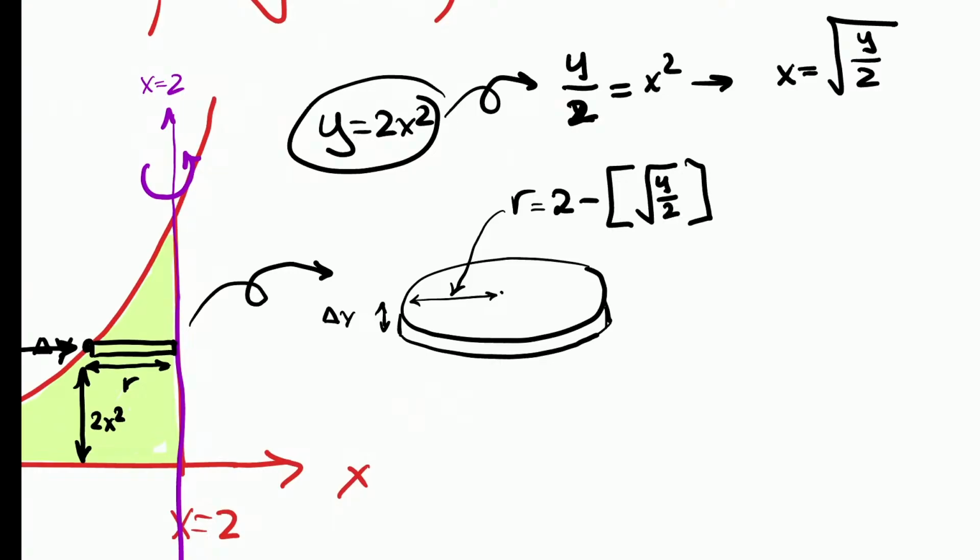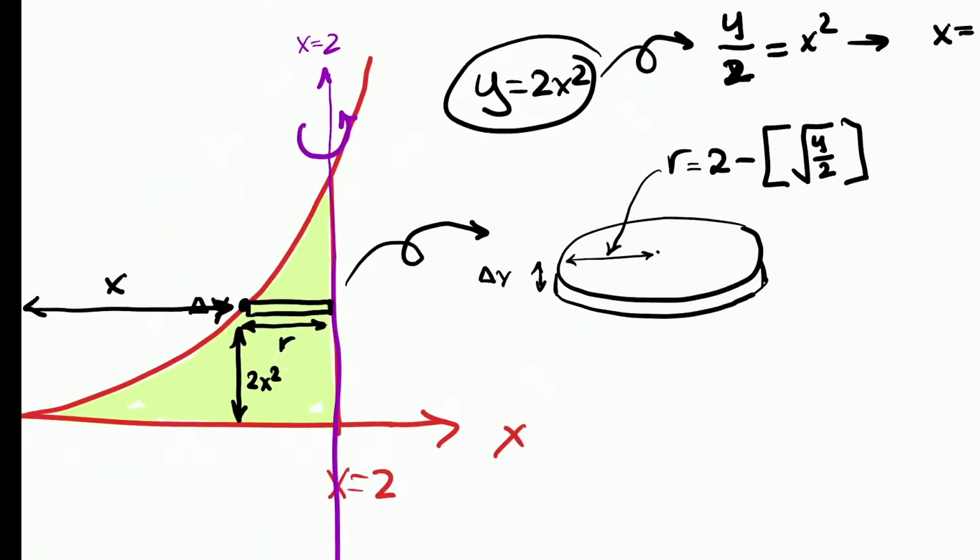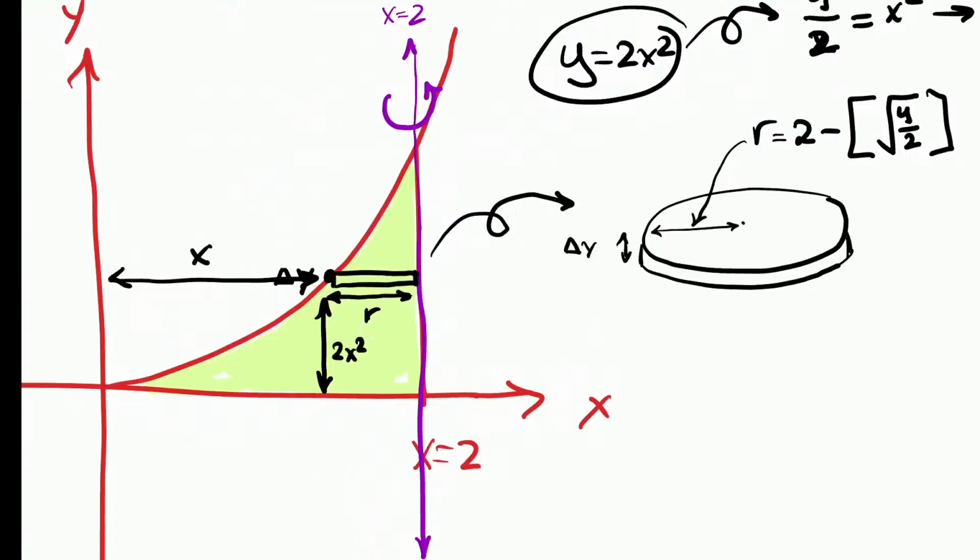So notice that my distance, now here I'll give you some hints, because I know this is so confusing because you're used to thinking of functions of x, and so that's why I thought, let's do the hard one, and then we'll back up and do the easy one. The easy one is going to be a breeze after this. But anyway, this hard one, we're looking for this distance from the y-axis over to here, and that happens to be the value x, but I need to write it in terms of y.